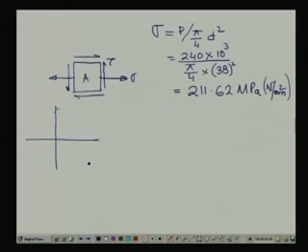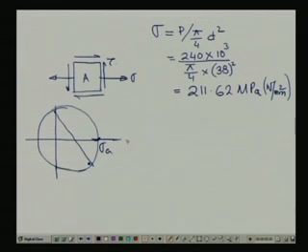So, we have this as a Mohr circle. This is sigma A, this is the sigma axis, this is the tau axis, and this is the tau max value.